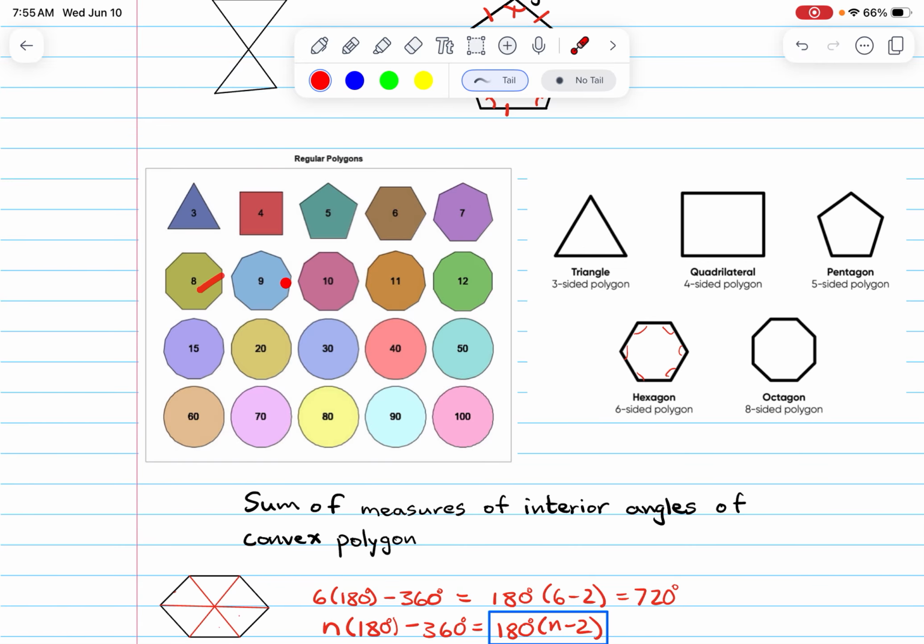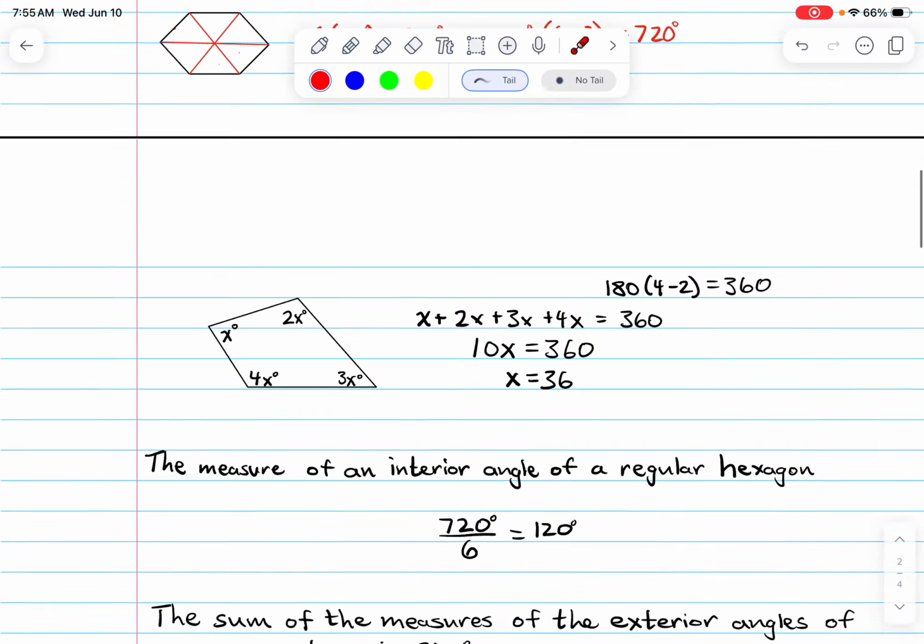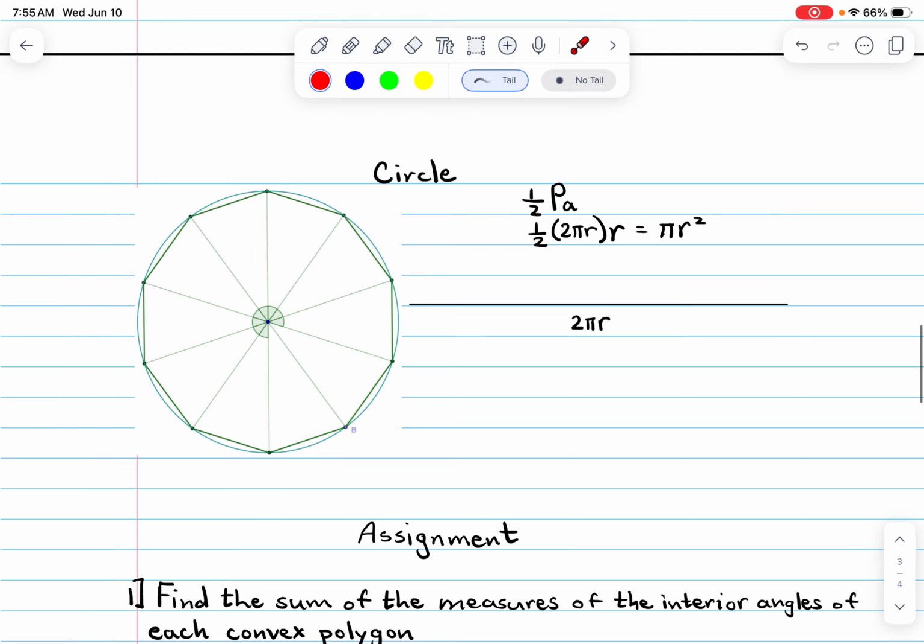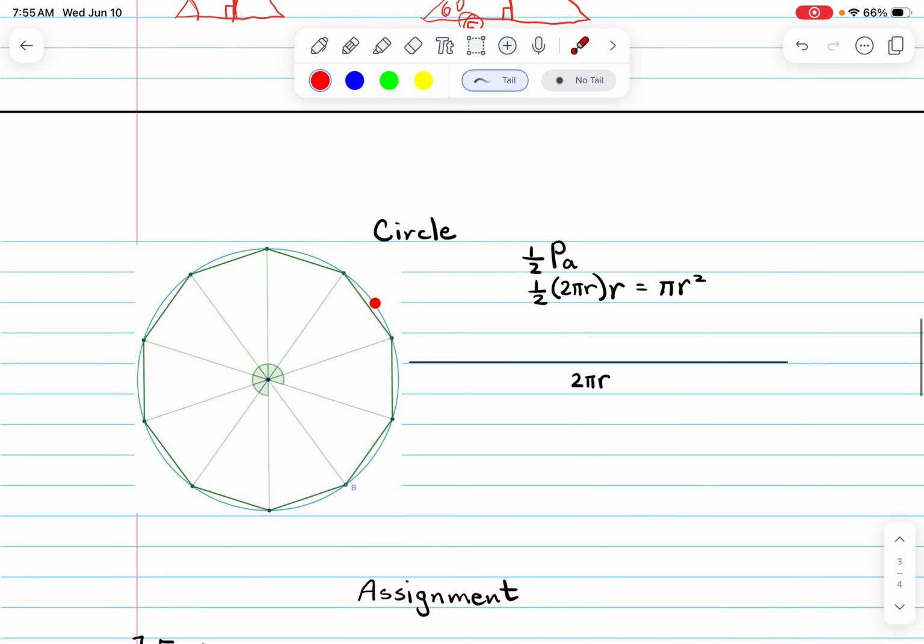Here we have an 8-sided, 9, 10, 11, 12. Notice as I make these sides more and more, these polygons start to look more and more like circles. By the time you get up to 100, you basically have a circle. So the perimeter of the polygon is getting closer and closer to the perimeter of the circle.